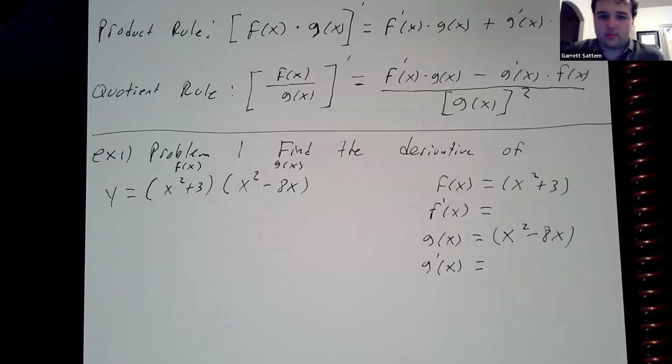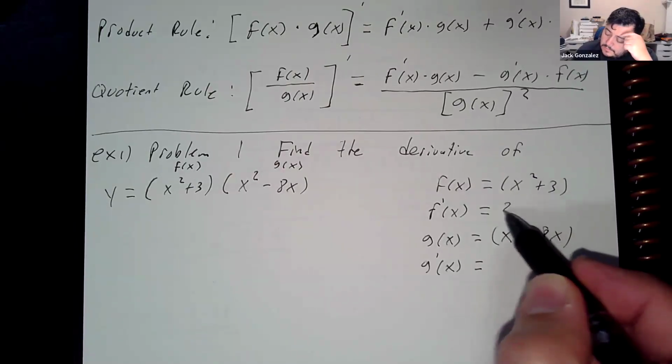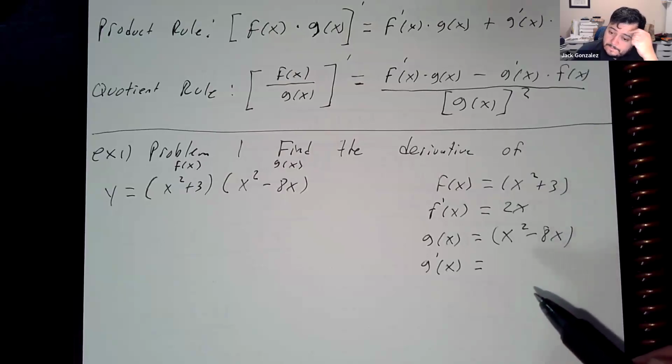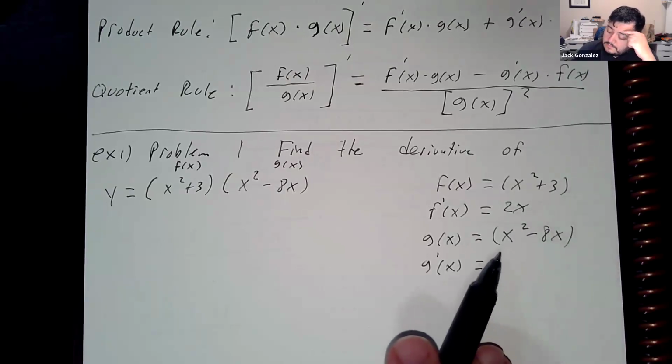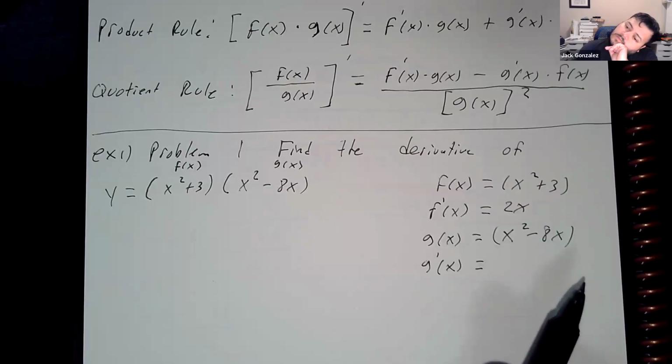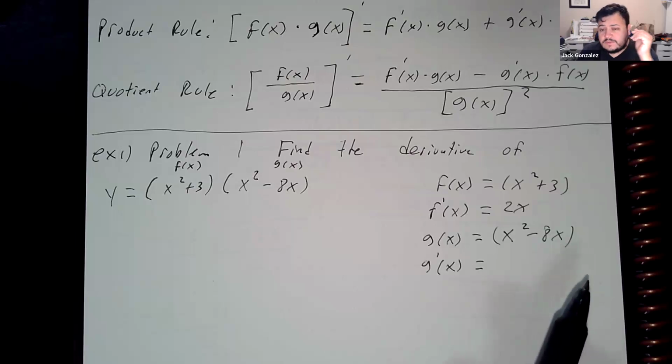Hold on, I'm just writing this down. Derivative of f, I would say is... are we factoring? You can't factor that. I think the derivative would be 2x, right? Yeah, derivative of the first term is 2x. Derivative of this one would be 0, right? So just 2x. What about this one? The parentheses don't matter.